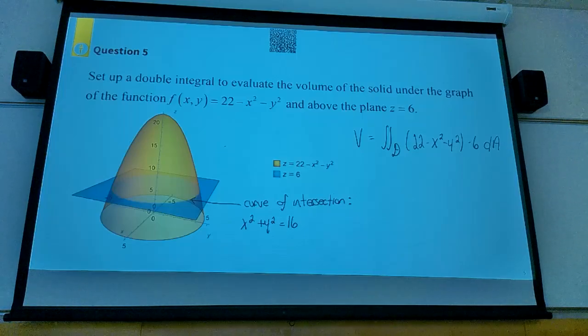So you want to describe that circle as vertically simple or horizontally simple? So you want to do horizontally, you want to do dx dy?